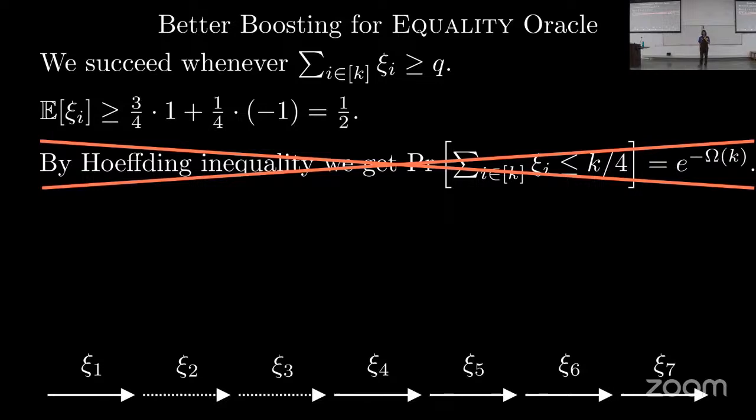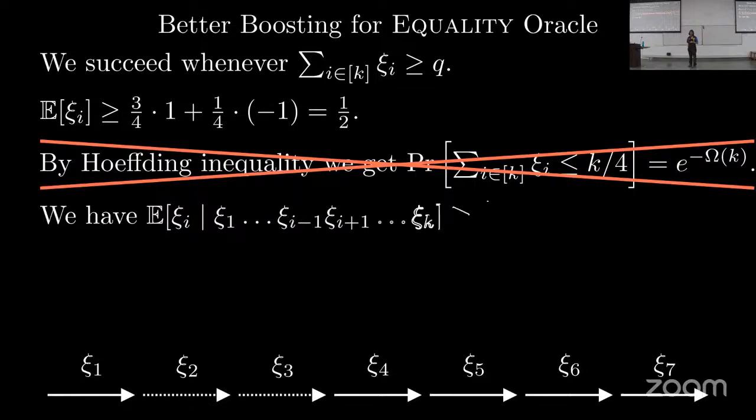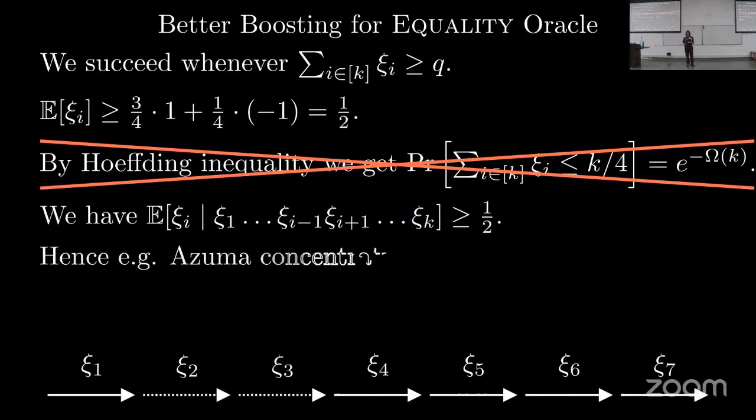I just wanted to highlight this. We can still use slightly more sophisticated concentration inequalities by observing that the conditional expectation of one variable conditioned on every other variable is at least half.